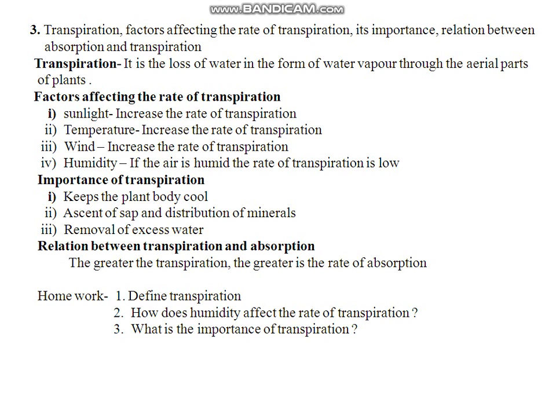So, when the water absorption is more, the maximum amount of minerals will be conducted throughout the plant body. That is why transpiration helps in ascent of sap and distribution of minerals.